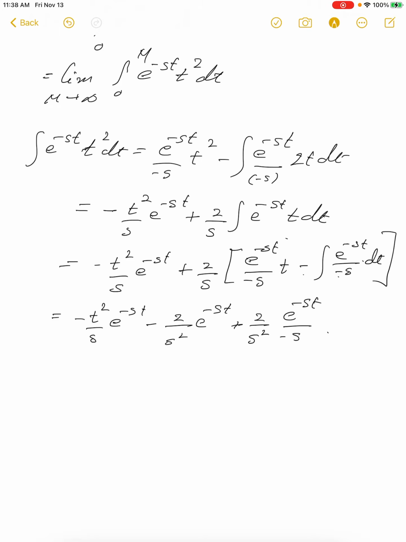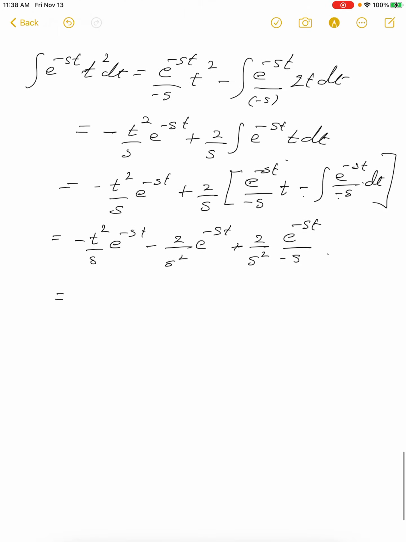Good. So what do we get? Minus t square by s e to the minus st, minus 2 by s square e to the minus st, minus 2 by s cube e to the minus st.